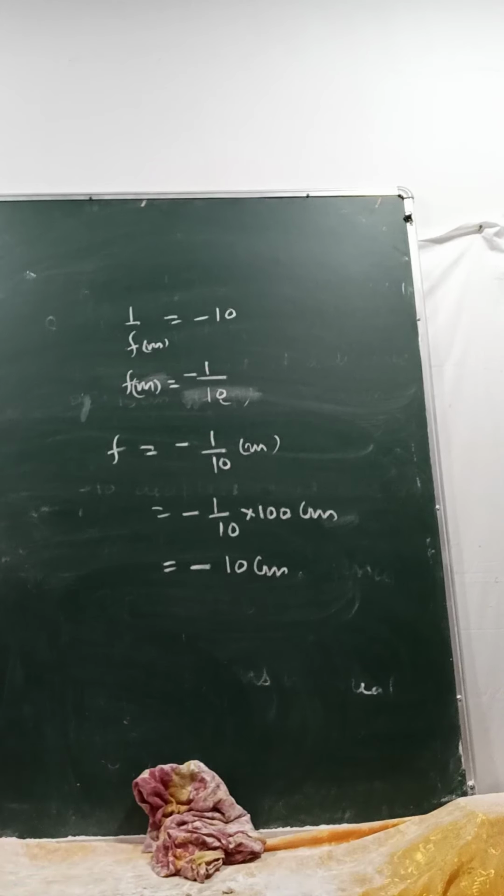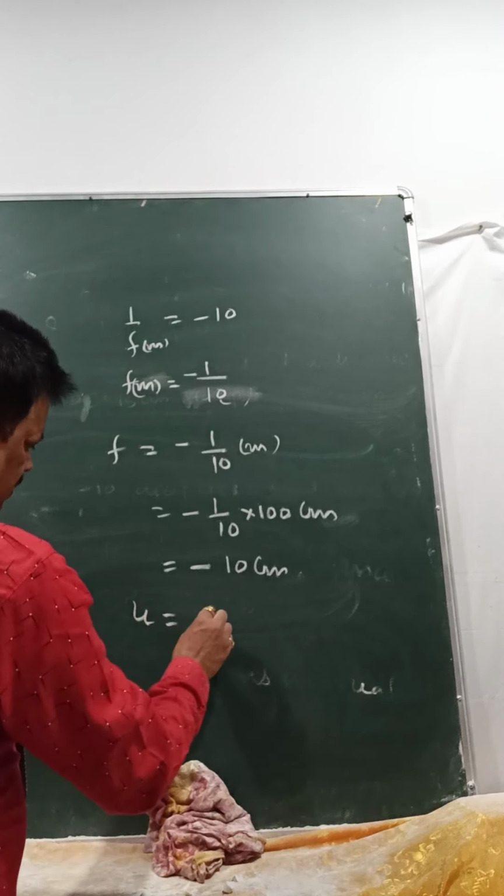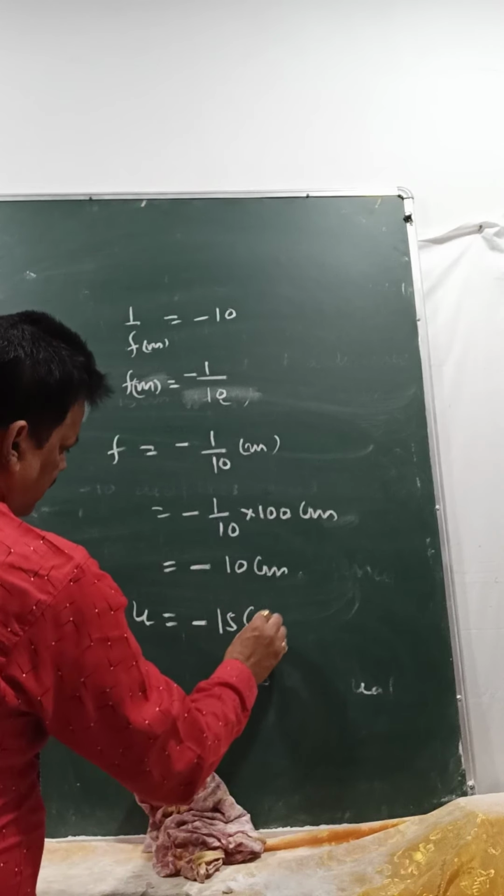Now what else was given to us? We got the focus, and the object distance was given. u is also given, minus 15 centimeter.